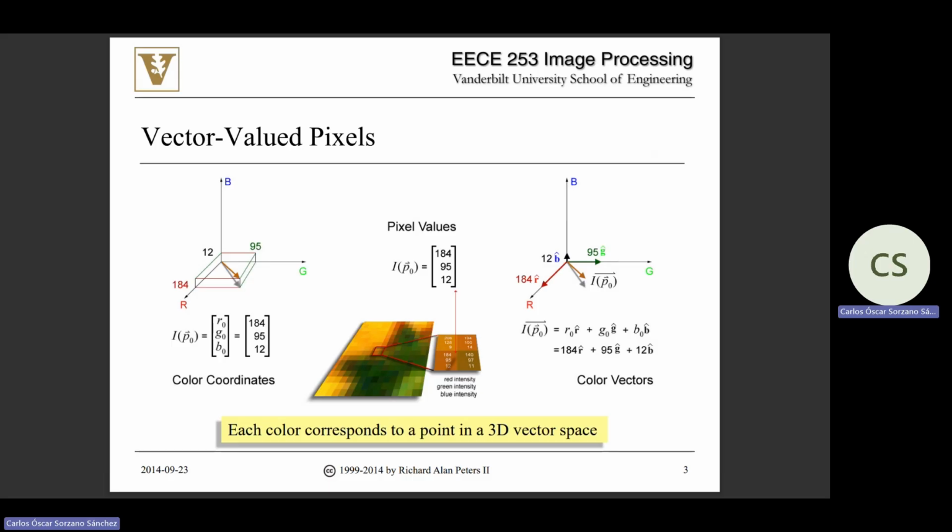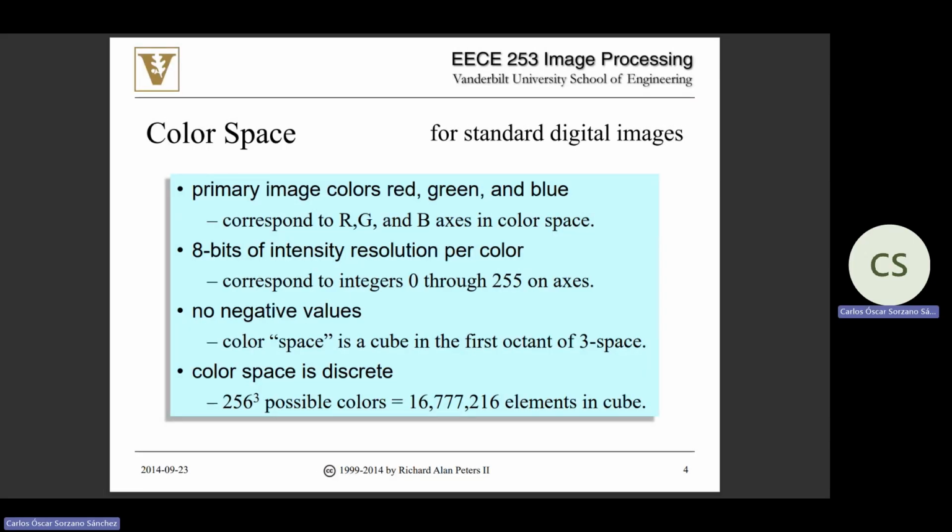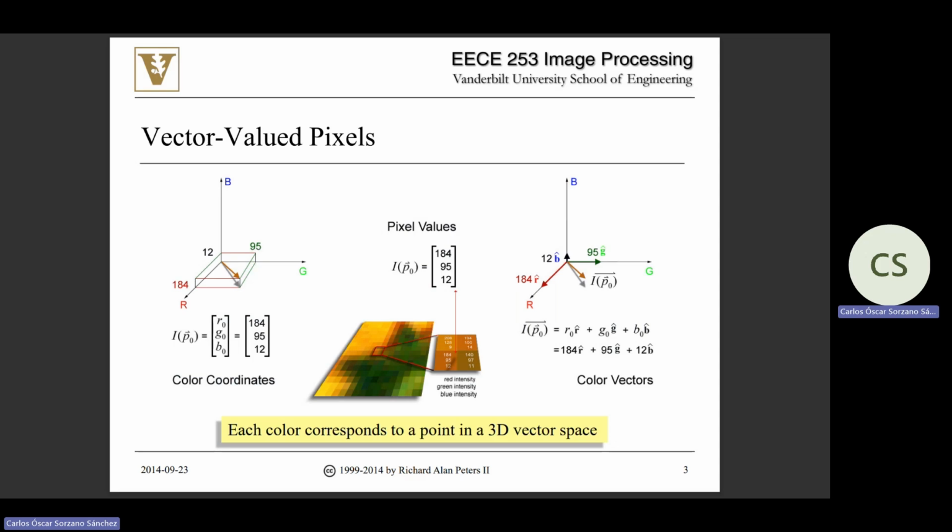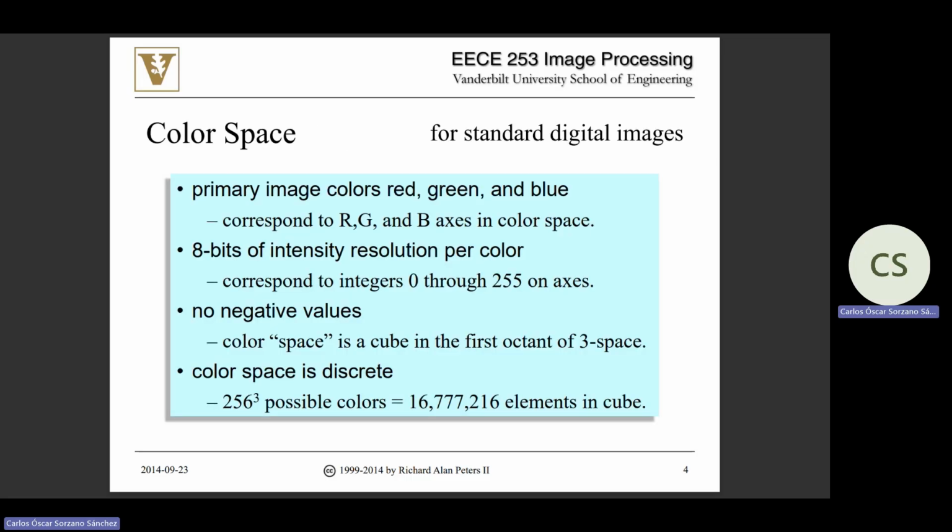Okay, good. So all this you already know. With 8 bits, if each one of these numbers, these 184, 95, 12, is represented with integers of 8 bits, then the maximum value that I can have is 255. So it goes from 0 to 255.